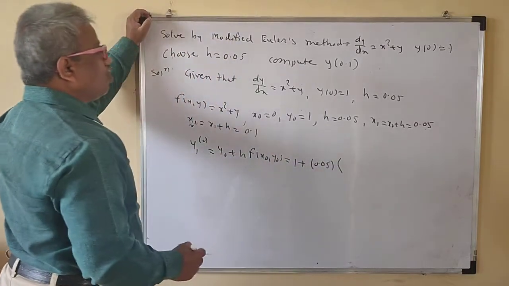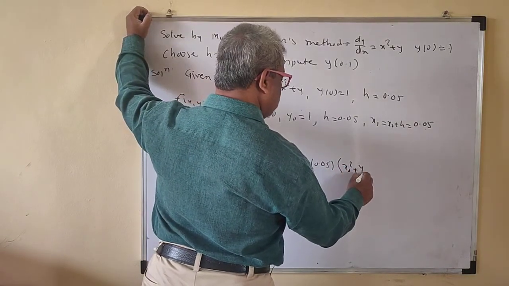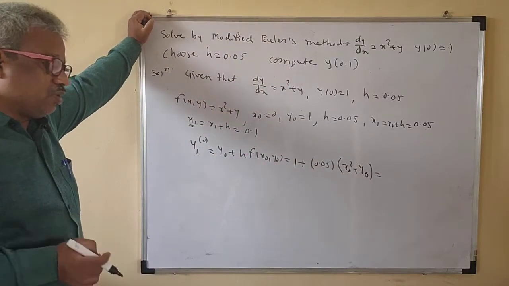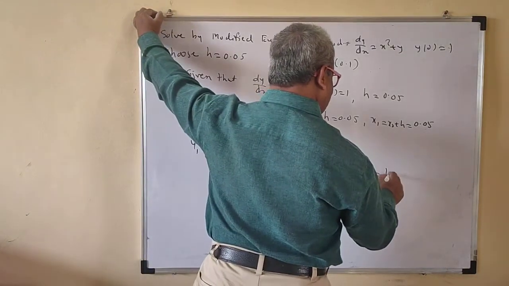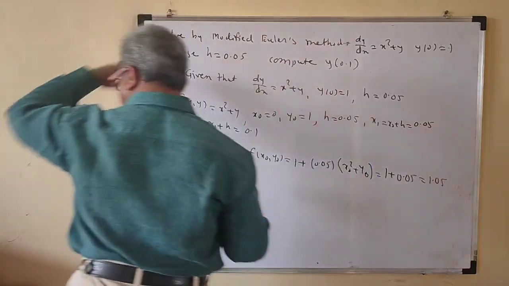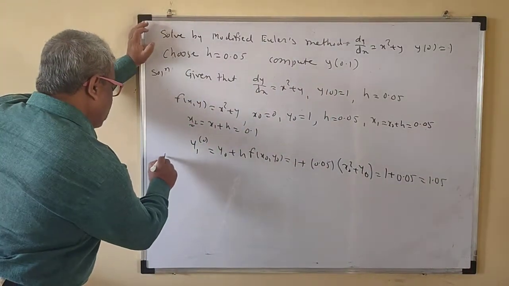So f of x naught y naught is x naught square plus y naught. Your x naught is 0, so 0 square, so this is 1. So 1 plus 0.05 is 1.05. This is your y1 of 0. Your y1 of 0 is 1.05.